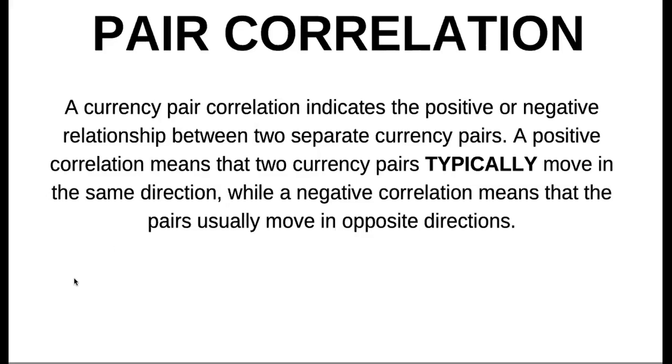But hedging is something that advanced traders use in order to minimize their losses if they get into a trade that is going in the opposite direction of what they anticipated, and they want to stay in the trade because they feel like the market may reverse.